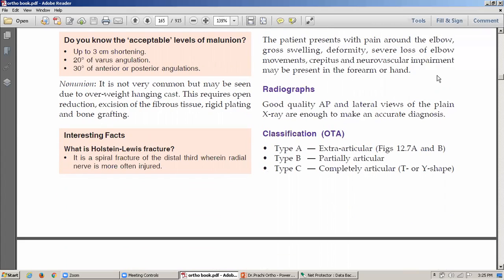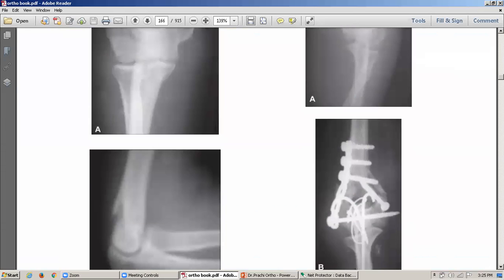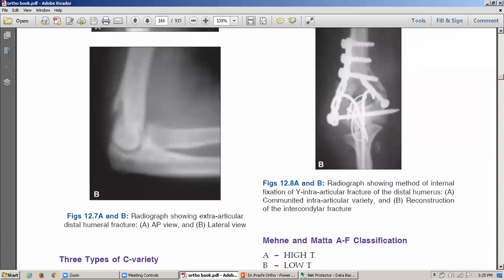And the classification shows type A, that is extra-articular, type B, partially articular, and type C, completely articular, T or Y shaped. So these are the diagrams. This is diagram A, in which the X-ray shows an extra-articular distal humerus fracture, in AP view.